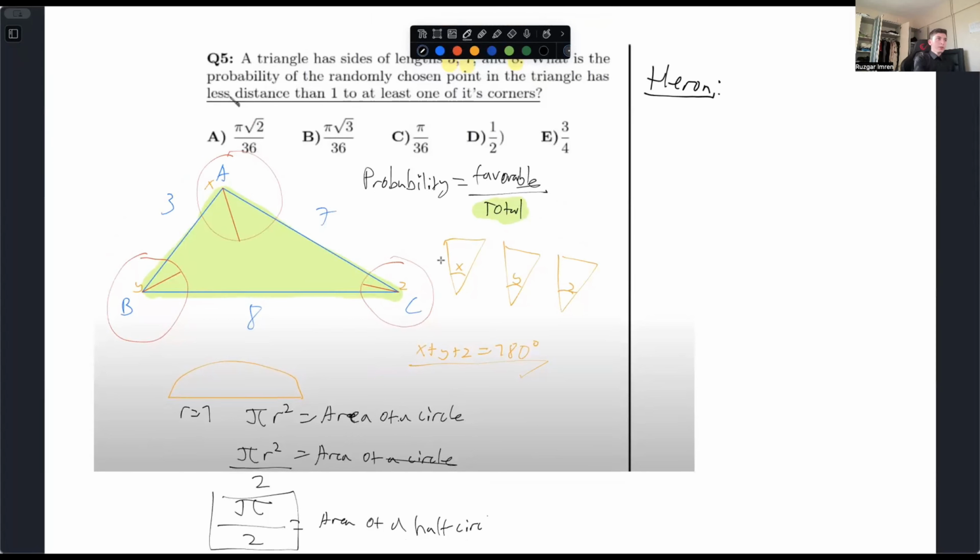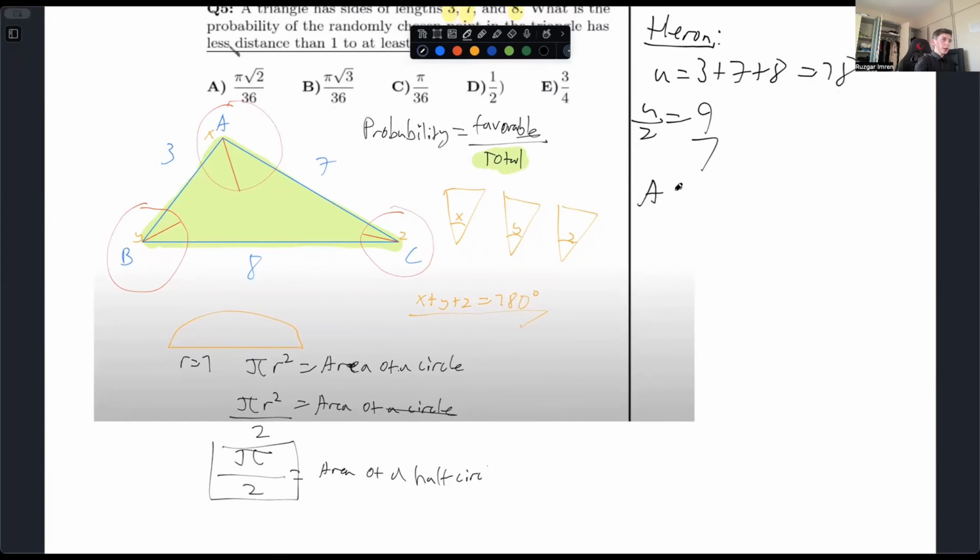So let's remember the formula. Let's say u is equal to 3 plus 7 plus 8, which is equal to 18 in this case. And then after that, u divided by 2 is equal to 9.